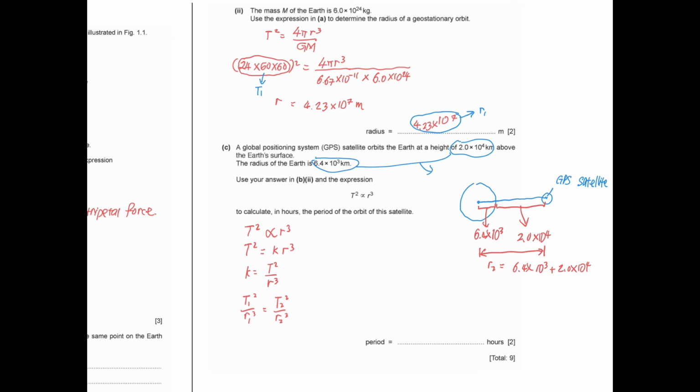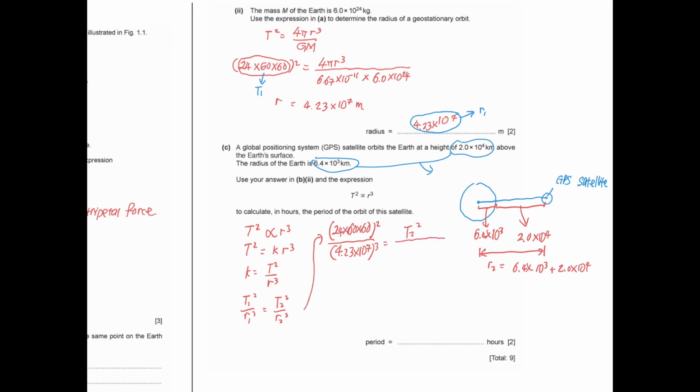So now we just substitute. Here, T1, 24 times 60 times 60 squared. R1, 4.23 times 10 to the power of 7, cubed. T2 unknown.